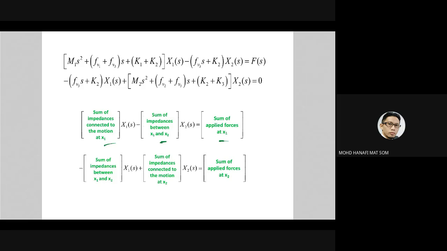Okay, and for the second equation, we have the sum of impedances between X1 and X2. We want to put it in this form because it is easier to see X1, X1, X2, X2. Otherwise, we can use X2 minus X1. So use whichever one you are comfortable with.